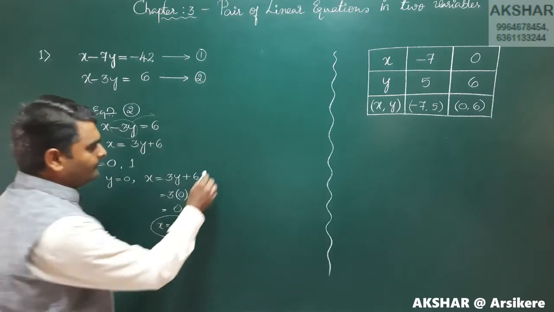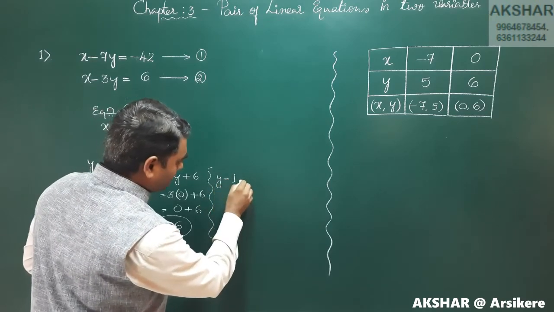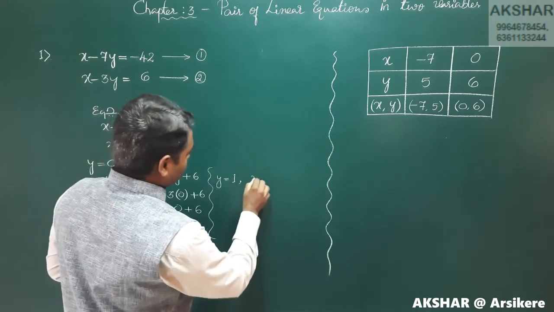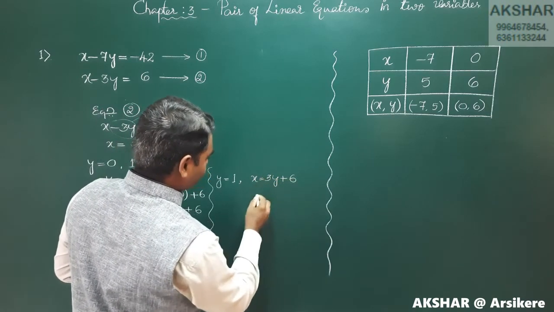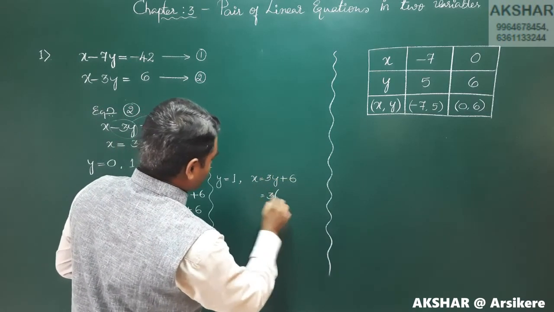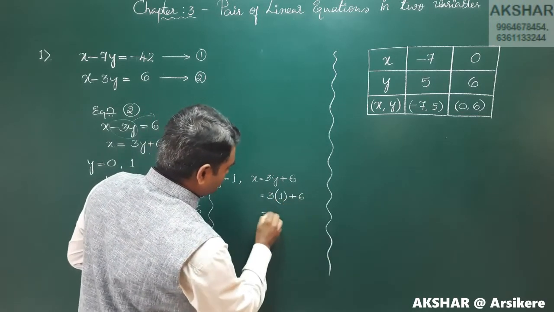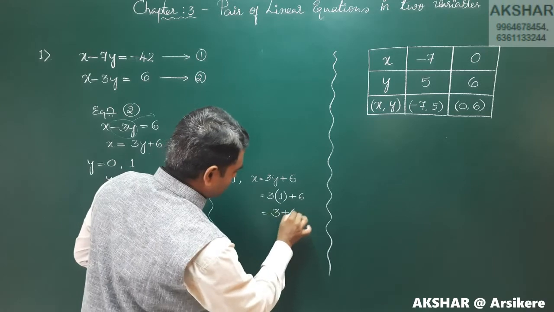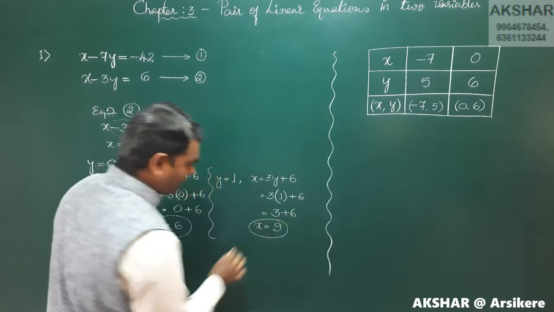In the same way, if y is equal to 1, the equation is x equals 3y plus 6. Substitute 1 in the place of y: 3 ones are 3 plus 6, which is equal to 9. See, observe here, my dear children.